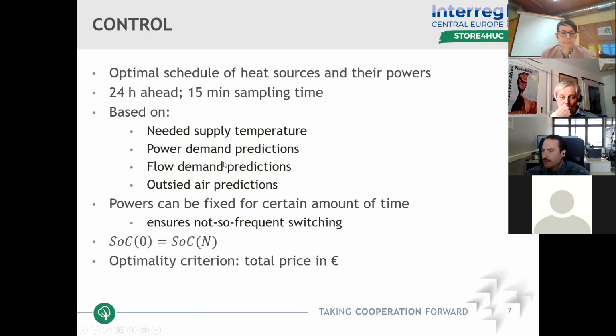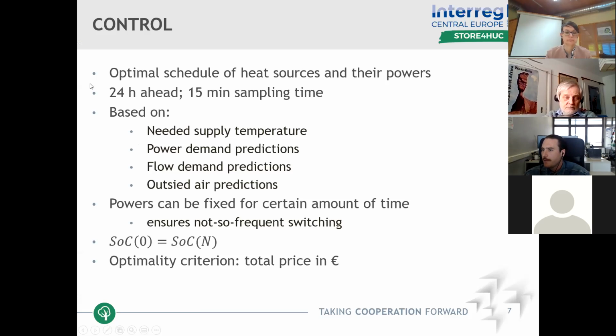Power and flow demand need to be predicted 24 hours ahead with 15-minute sampling time. And we also need outside air, but there should be two values, one for outside air outside the tank and also outside air around the boilers.